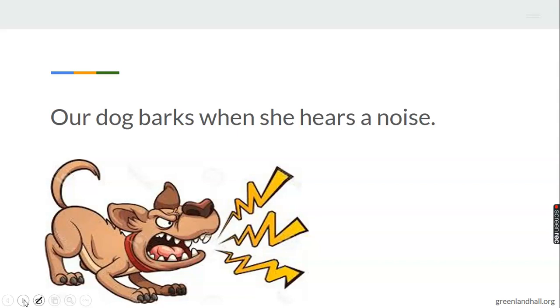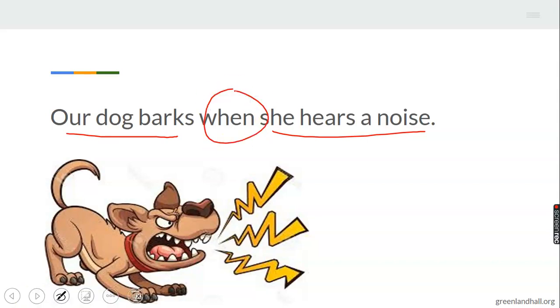That means the dog cannot bark until she hears the noise. The bark must be propelled or pushed by something. That's what makes it a complex sentence. Our dog barks, but when will she bark? It's only when she hears the noise. It helps us to bring out the bark.